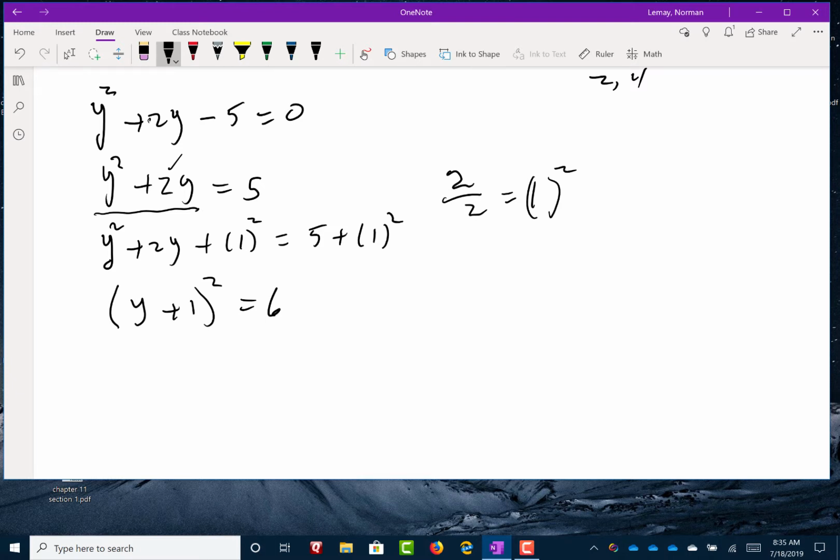So take the square root of both sides, so y plus 1 is equal to the square root of 6, actually plus or minus. So y equals negative 1 plus or minus the square root of 6. And again, for MyMathLab, you will write negative 1 minus root 6, comma, negative 1 plus root 6. Okay?